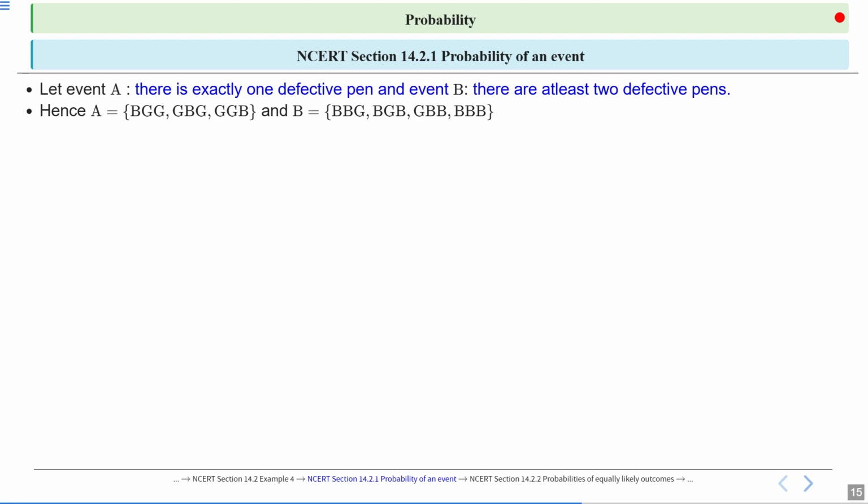Okay, so there is exactly one defective pen. So the event A contains all the sample points BGG, GBG, and GGB. Okay, and similarly the event B contains BBG, BGB, GBB, and BBB. Clear?